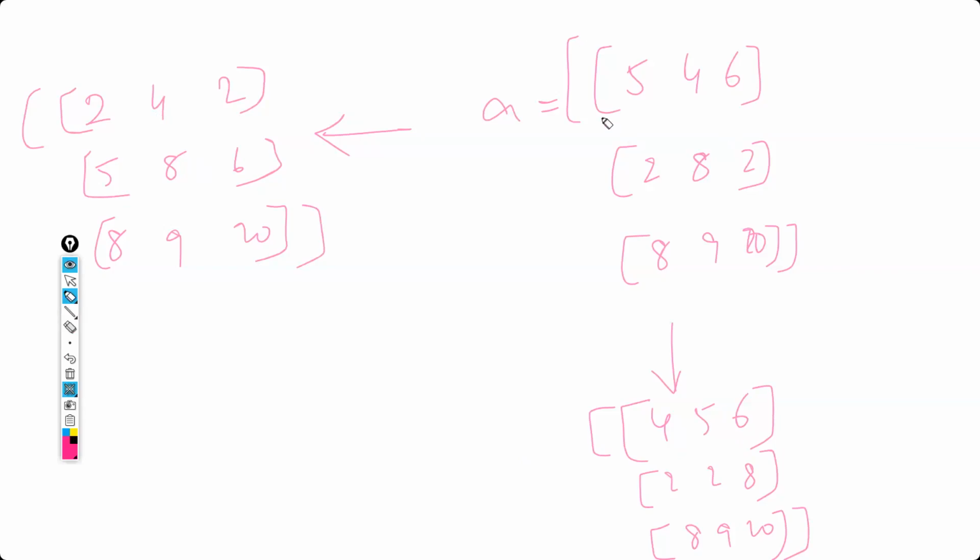Row means take first row and sort. Take the second row and sort. Take the third row and sort. Now here you are going to take first column and sort. Second column and sort. Third column and sort.